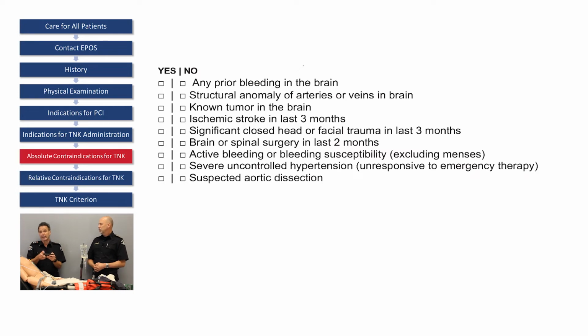Any prior bleeding in the brain, structural anomaly of arteries or veins in the brain, known tumor in the brain, ischemic stroke in the last 3 months, significant closed head or facial trauma in the last 3 months, brain or spinal surgery in the last 2 months, active bleeding or bleeding suspected, severe uncontrolled hypertension, which is unresponsive to emergency therapy, and suspected aortic dissection.